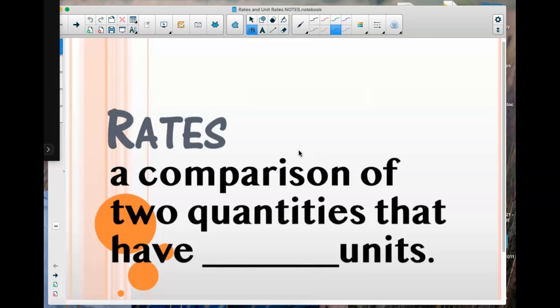A rate is a comparison of two quantities that have different units. And I'll give you a minute to write this down, and then I'll give you an example. A comparison of two quantities that have different units.